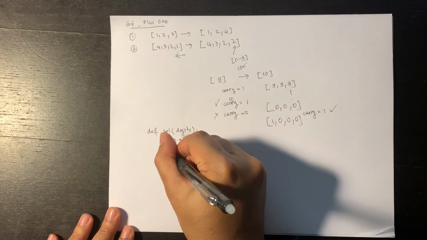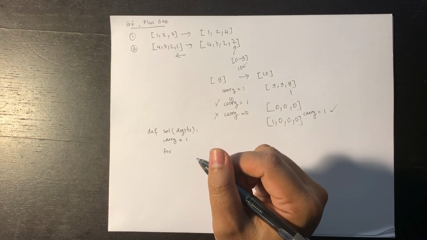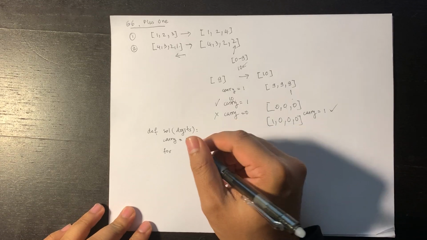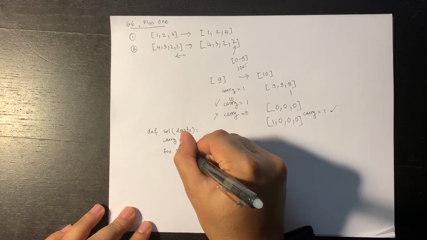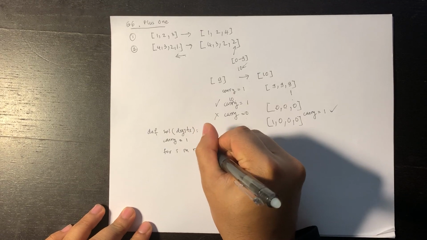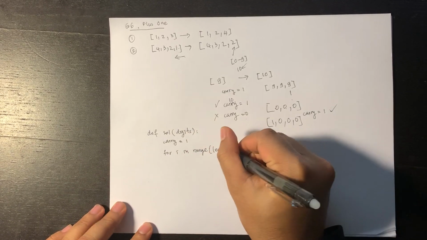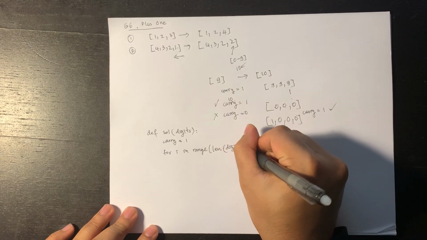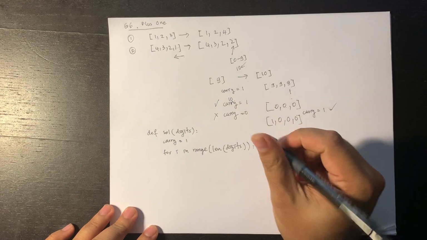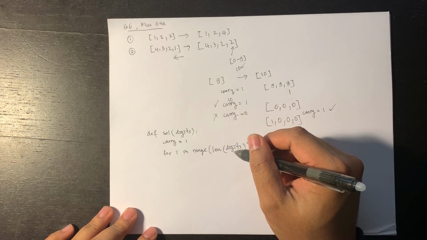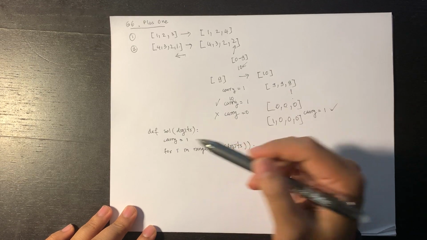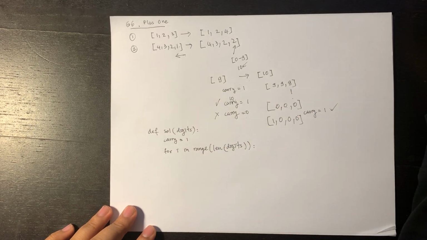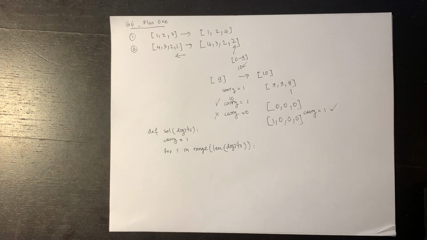Then I want to do a for loop, for i in range of the length of digits. I guess I can just modify the input. It doesn't matter, just modify the input for now.